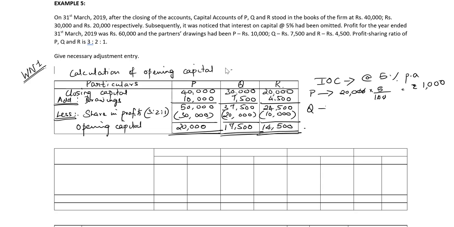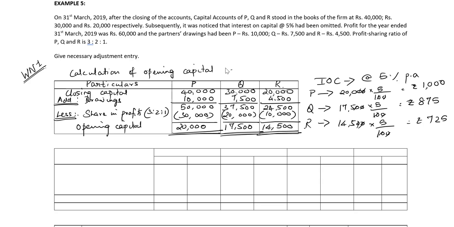For Q, 17,500 into 5 divided by 100, which is equal to rupees 875. And for R, 14,500 into 5 divided by 100, which is equal to 725.